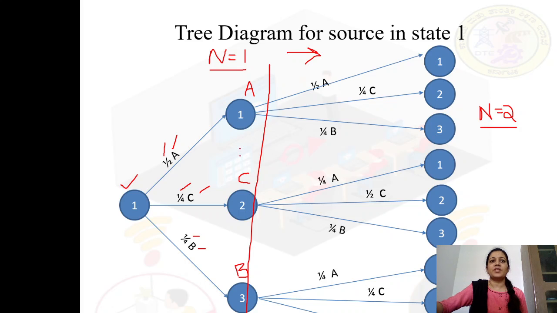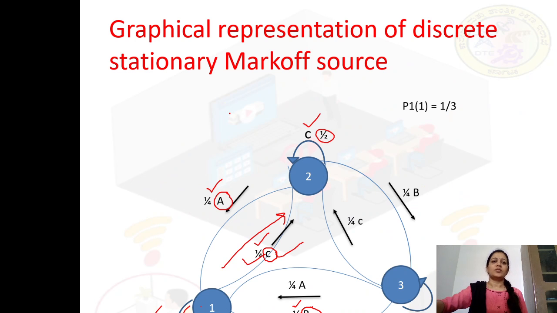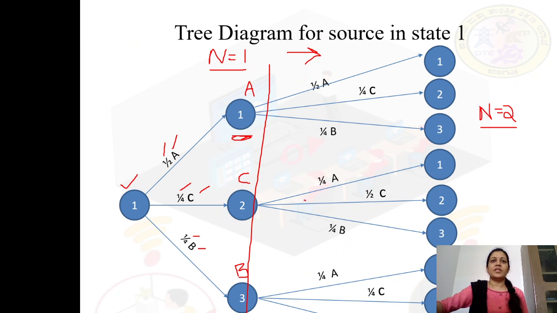In the first stage we can see that there are 3 possible states. Initially I will concentrate only on the first state 1. From 1, again the possibilities are 1 to 1, 1 to 2 and 1 to 3.